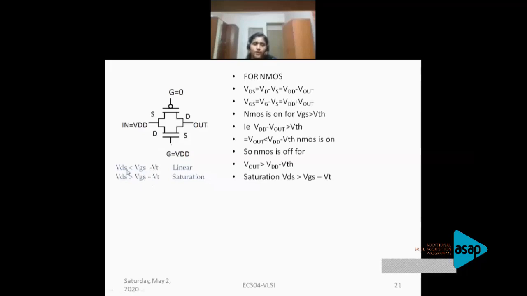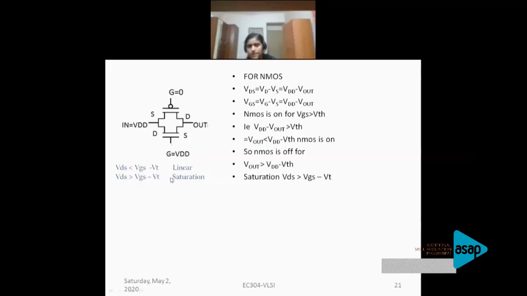Now, which condition is true over here? Is 4 volt less than 4 volt minus VT? Assume VT as a standard value, 0.7. So is that true or is this one true? Is 4 volt less than 4 minus 0.7, that is 3.3? This is not true, right? This is true: 4 volt is greater than 4 minus 0.7, so 4 volt is greater than 3.3 volt. So this condition becomes true.